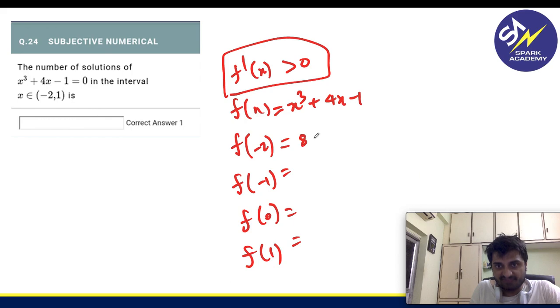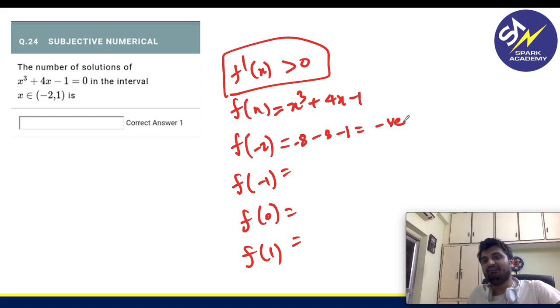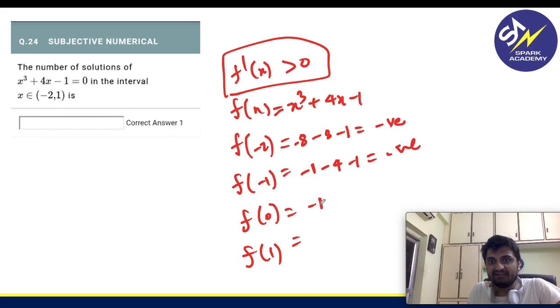Minus 2 whole cube is minus 8, minus 8, minus 1, so this is negative. Substituting minus 1: minus 1, minus 4, minus 1, minus 6, so negative. If you substitute 0, you again get negative. Substituting 1: 1 plus 4, 5 minus 1 is 4, which is positive.